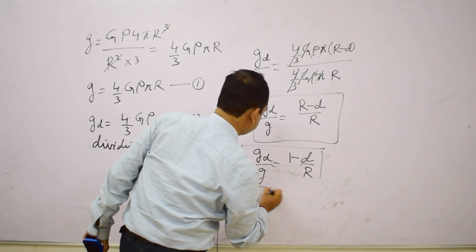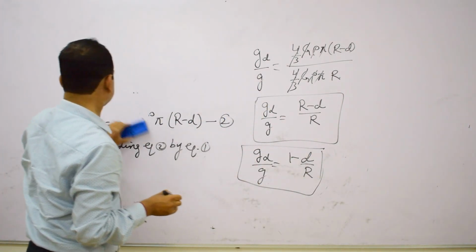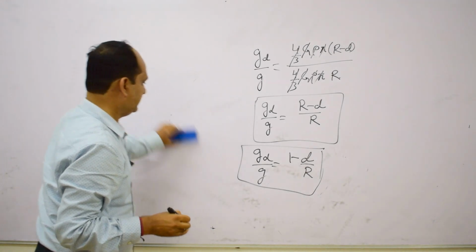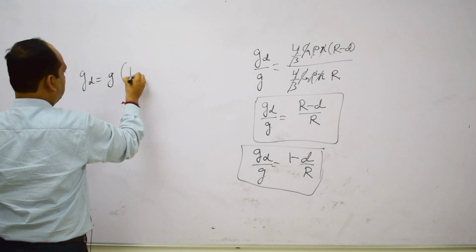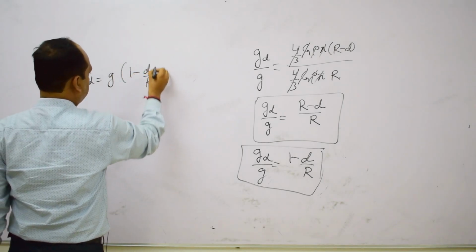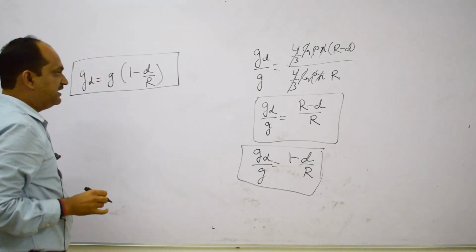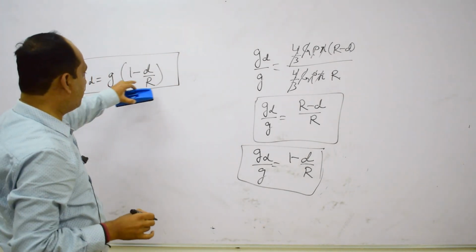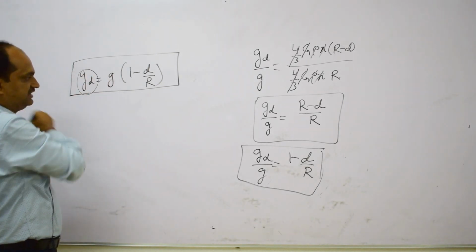This is our required result, or we can write gd = g(1 - d/R). So from this we can conclude that when the depth d increases, the value of acceleration due to gravity decreases.